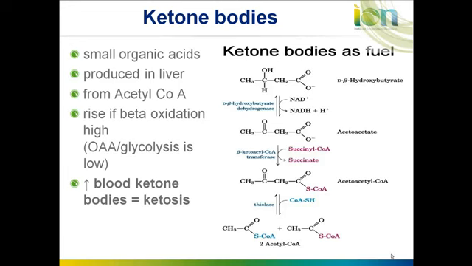These small compounds, these ketone bodies, can then be exported from the liver into the systemic circulation and used by other cells and tissues to yield energy. They're basically metabolized back into acetyl CoA and fed into the Krebs cycle of the cells that need the energy.